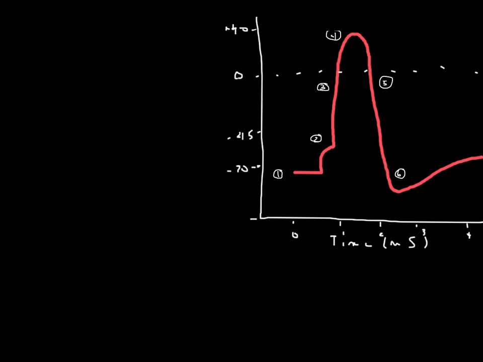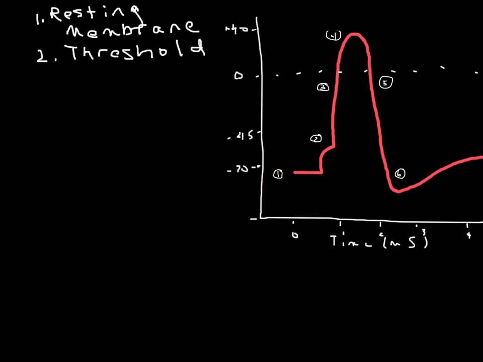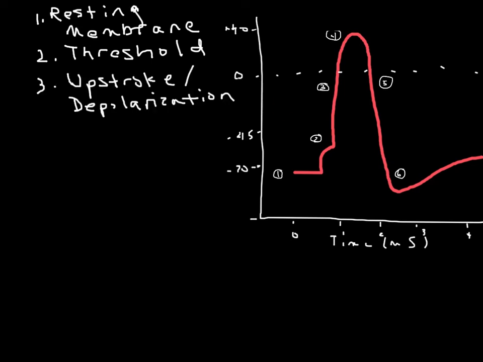So let's review. At point 1, the membrane is at its resting potential of about minus 70 millivolts. At point 2, following some sort of stimulus, the membrane reaches its threshold of about minus 45 millivolts, at which point the action potential is generated. At point 3, you see the upstroke, or what is also called depolarization.